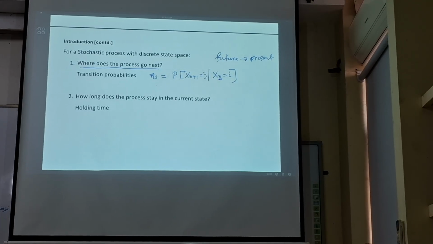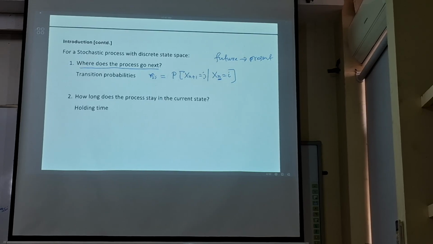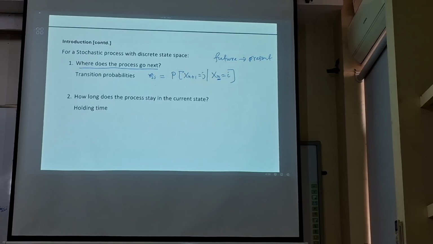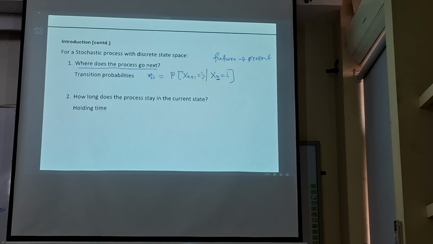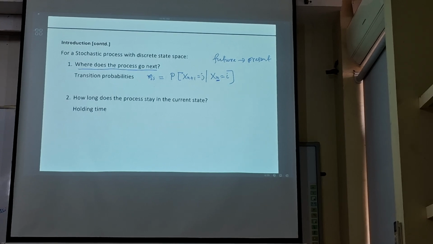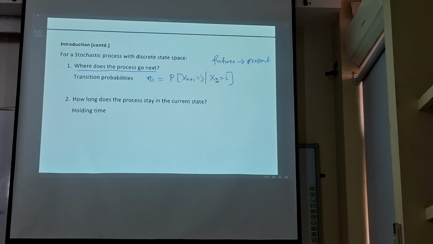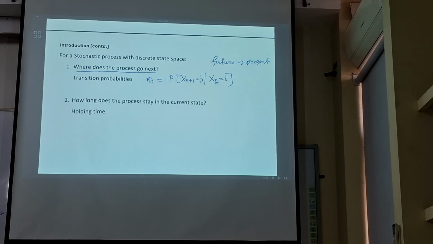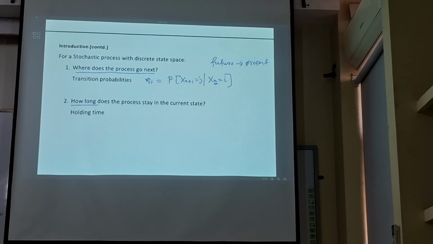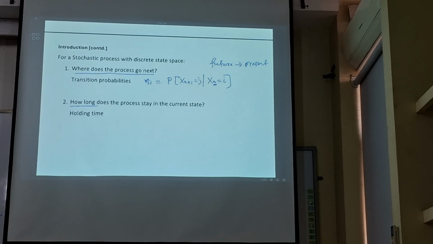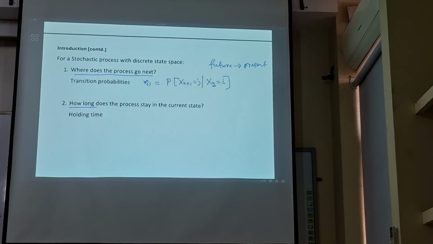But for this property to be satisfied, one more property inherently needs to be satisfied. What is that? How long does the process stay in the current state before moving to the next state?